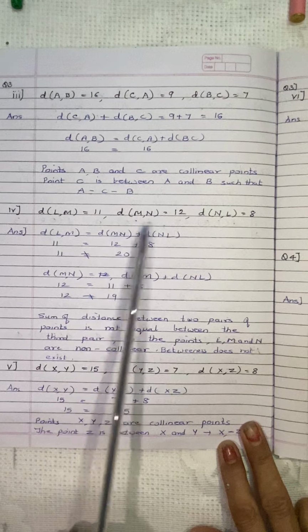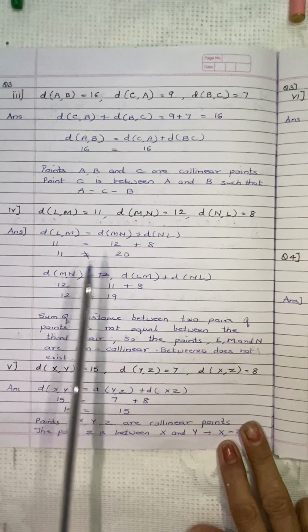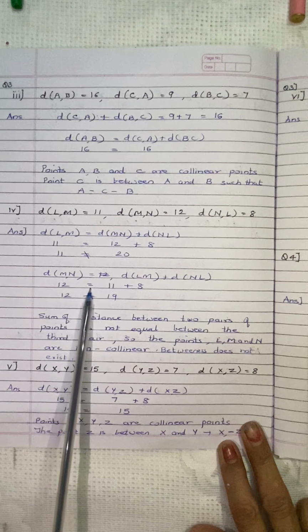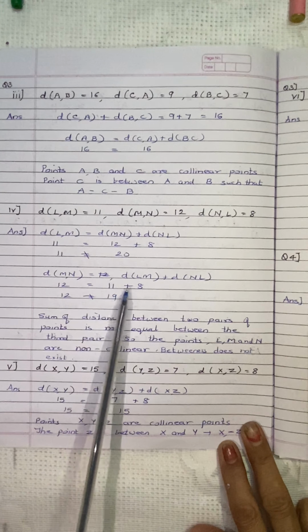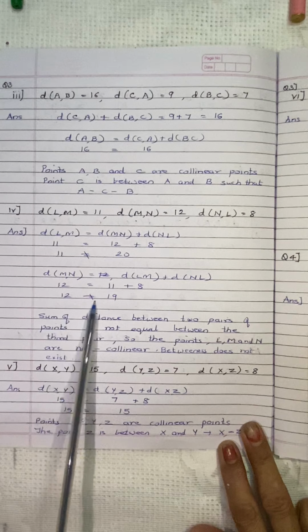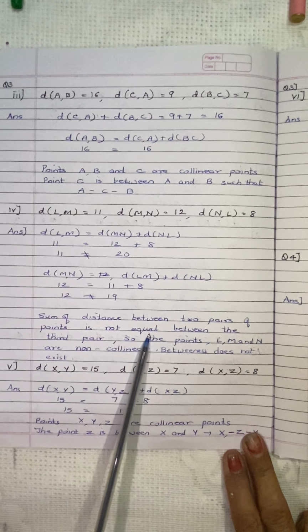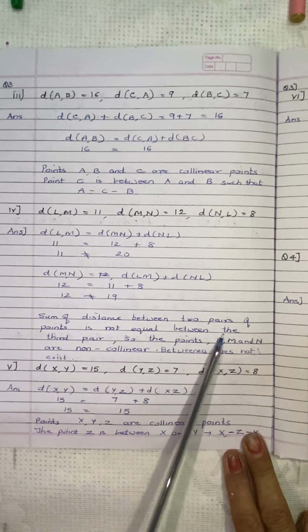Even if we interchange the distances, distance between MN is equal to LM plus NL, 12 is equal to 11 plus 8 which is 19, and 12 is not equal to 19. So the sum of the distances between two pairs of points is not equal to the third pair. So the points L, M and N are non-collinear, that is betweenness does not exist.